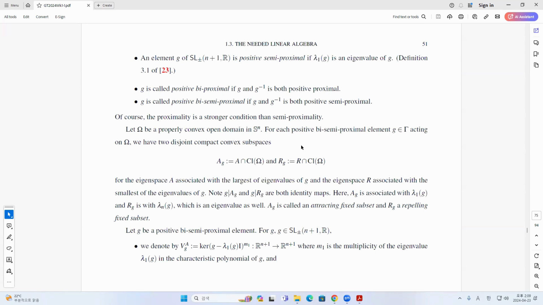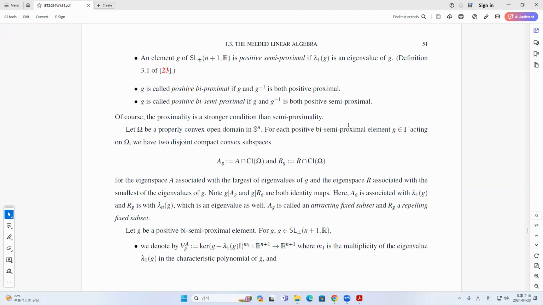And we can also define what's called the attracting fixed point and the repelling fixed point, whereby A is the eigenspace associated with the largest eigenvalue of g, and R is the eigenspace associated with the smallest eigenvalue of g.